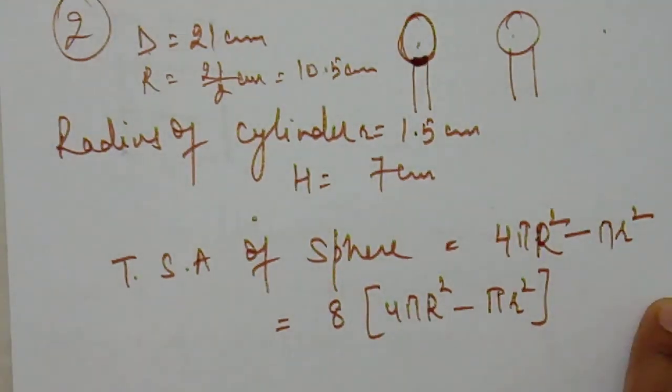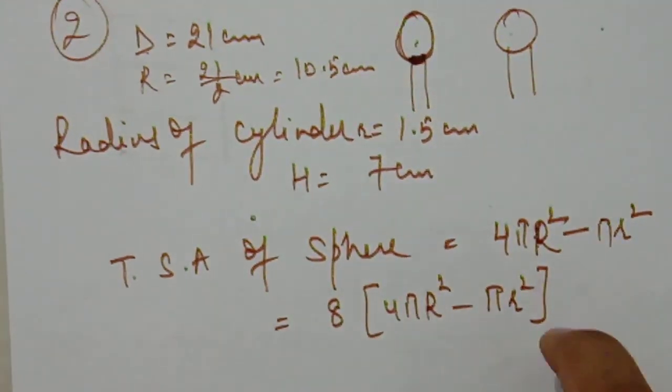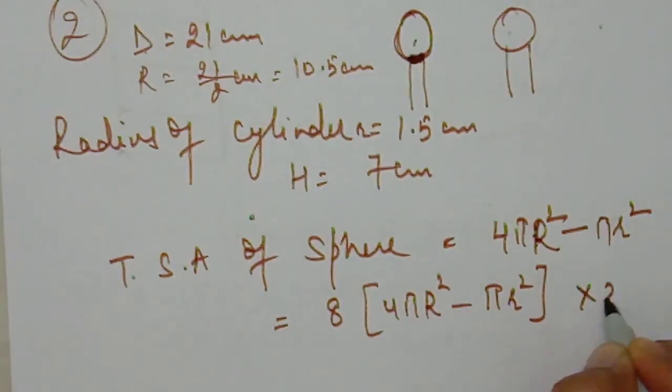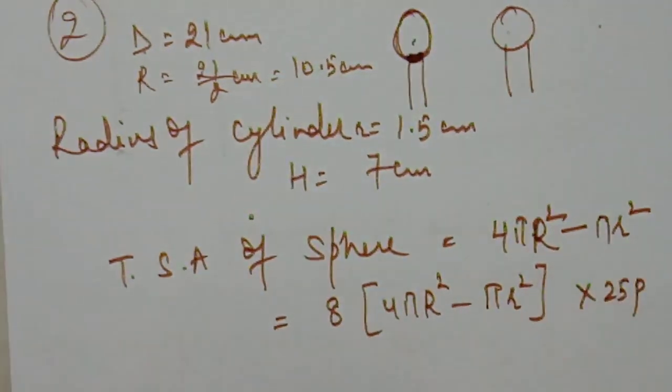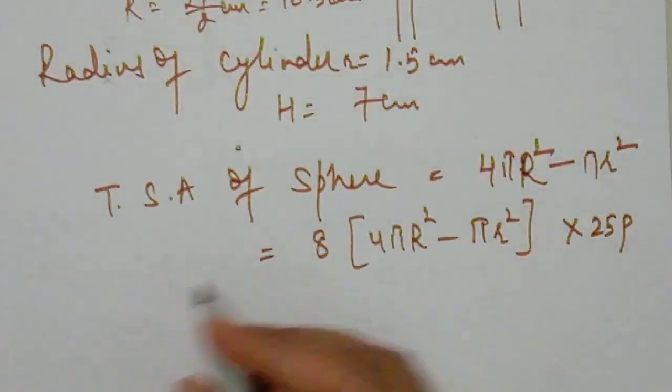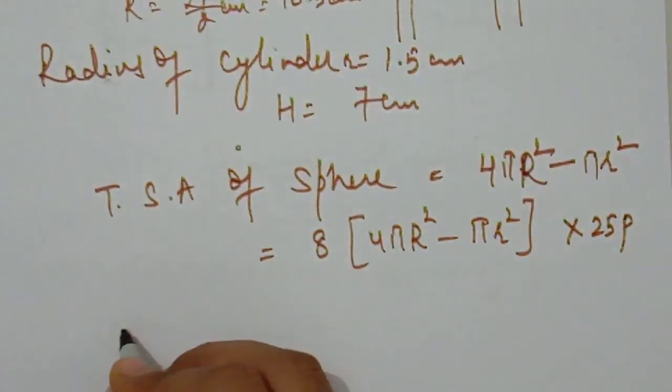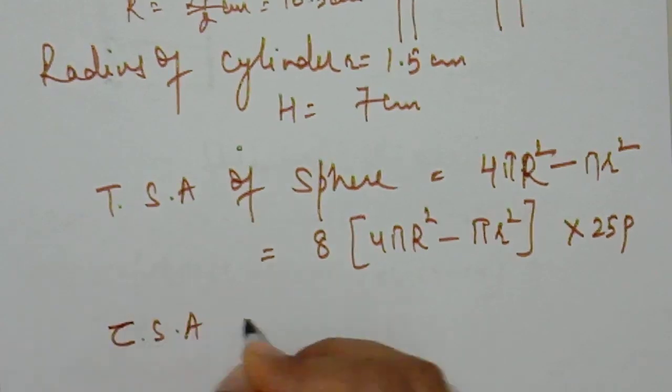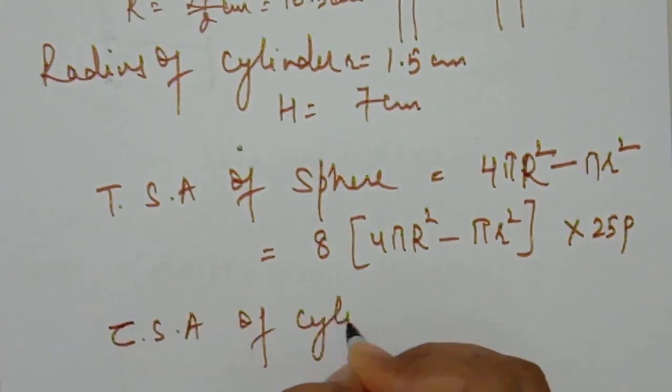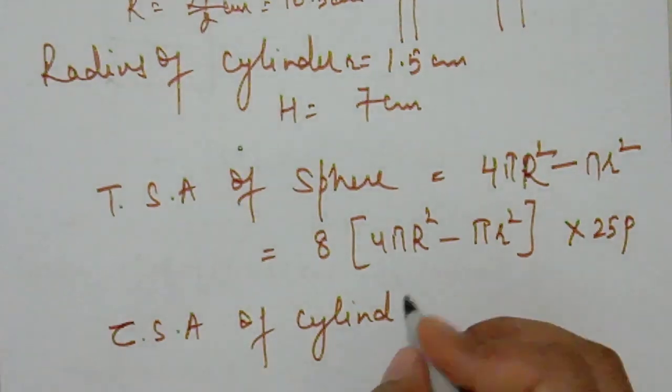So we have to find the silver paint cost, multiply with the 25 paise per centimeter square. And now, what about the black paint? We will take the curved surface area of cylinder. Why curved surface area?